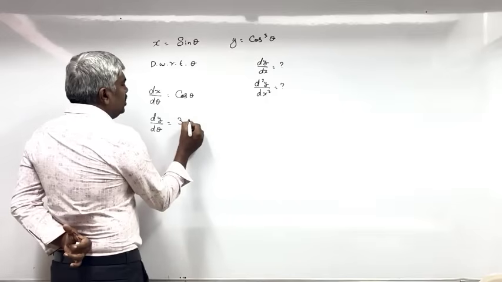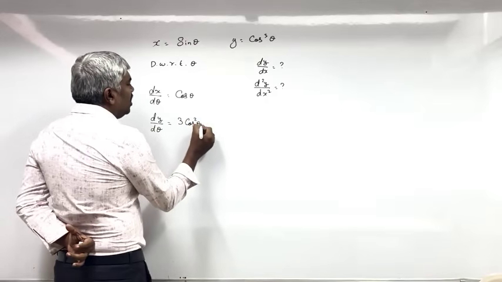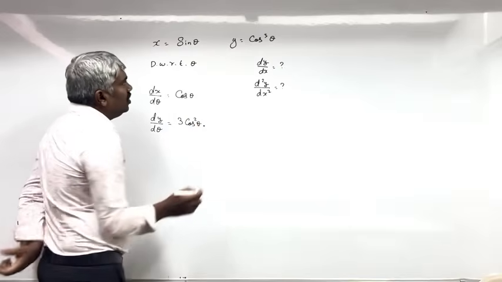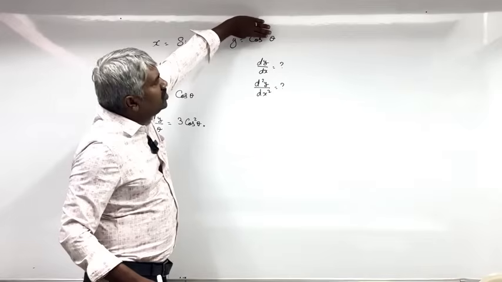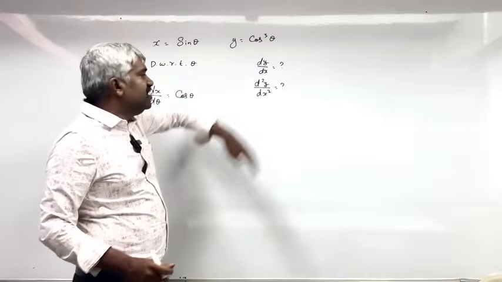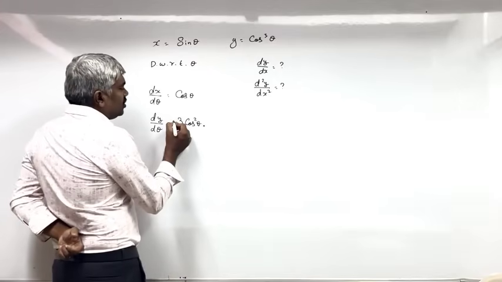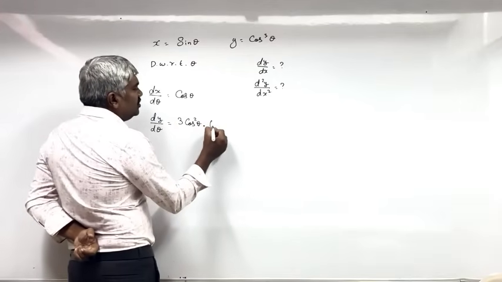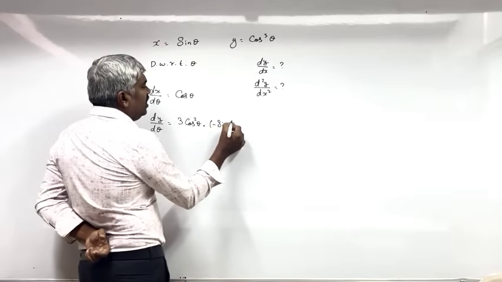So 3 cos square theta, chain rule, right? Then remove this power, differentiate cos theta. The differential of cos theta is minus sine theta.